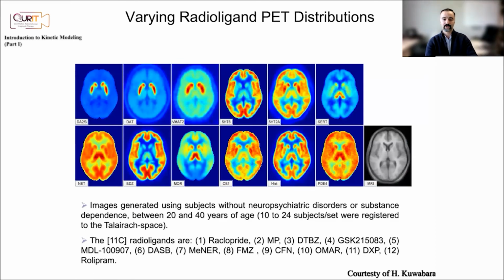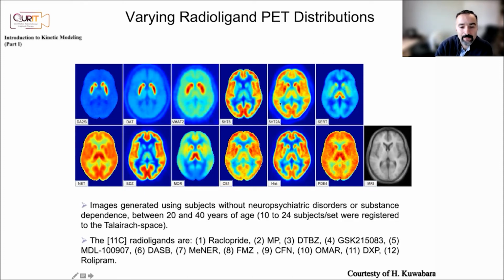Here are just examples. During my time at Johns Hopkins University, we studied, and many sites continue to study, many different receptors. For example, dopamine: raclopride, a radiopharmaceutical looking at dopamine receptors, methylphenidate looking at dopamine transporters, and a whole range of things looking at serotonin, norepinephrine, mu-opioid receptors, and cannabinoid, and things like that.